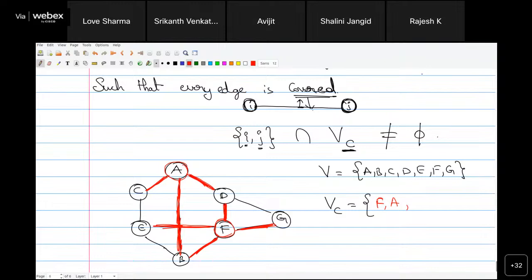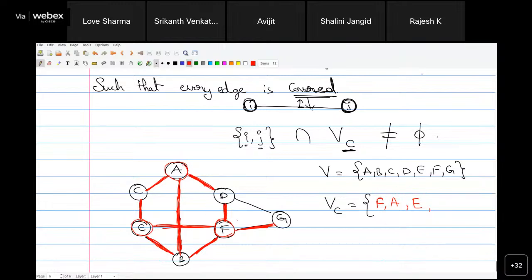Now again you follow the same process. Remove all the red edges, look at the graph and pick the vertex which covers the most number of edges. E. Right. So add E to your vertex cover. By adding that, you are covering E and B also.